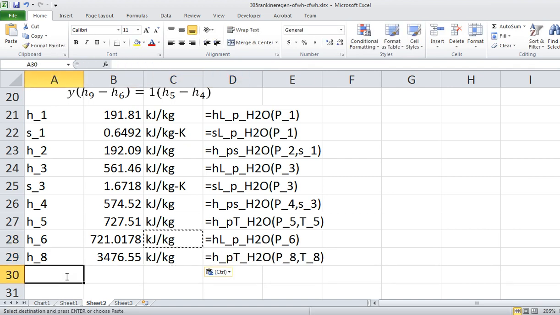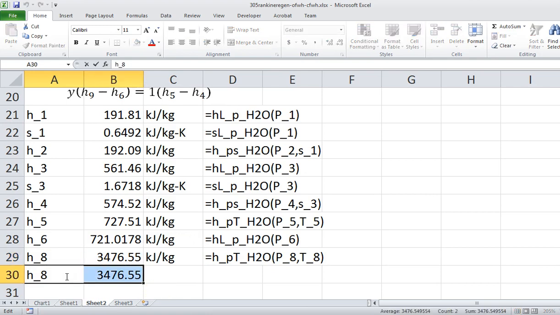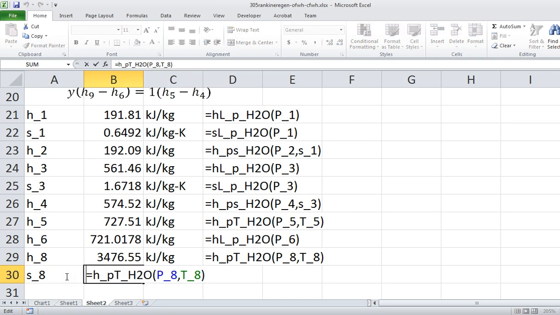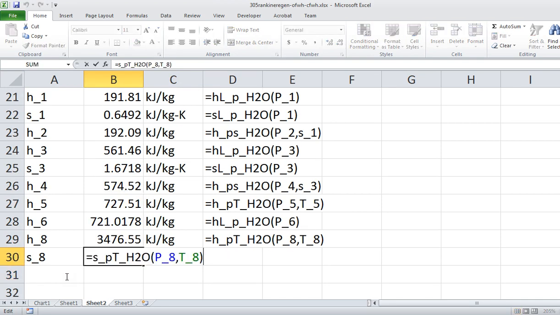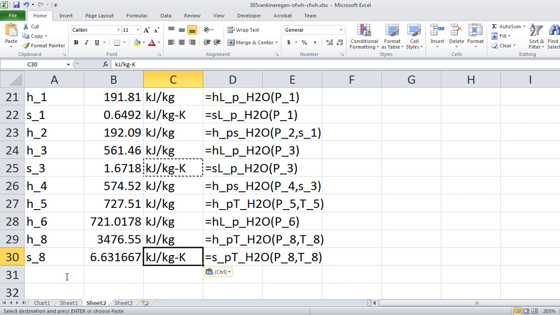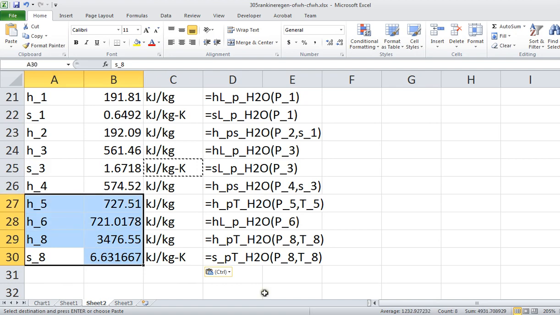And we need to find the corresponding entropy. And finally, put some labels on these last few.